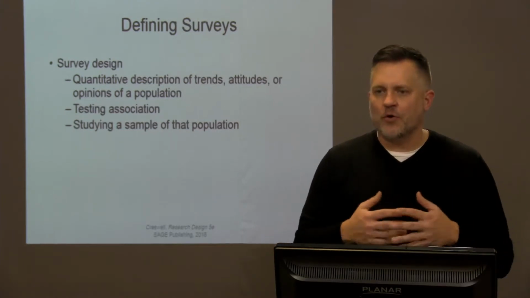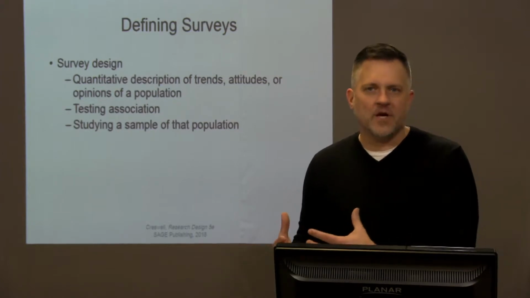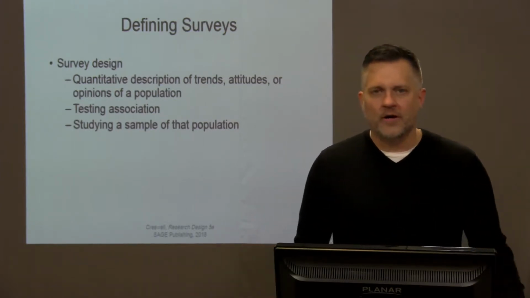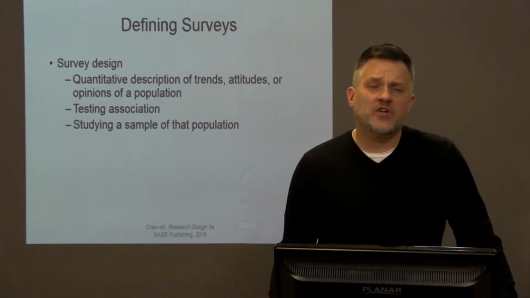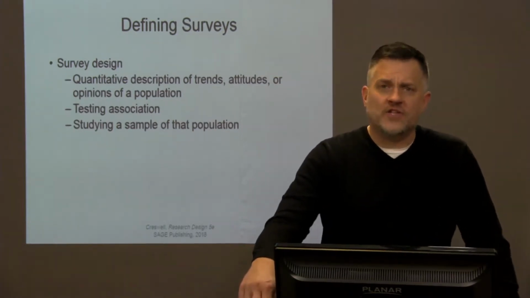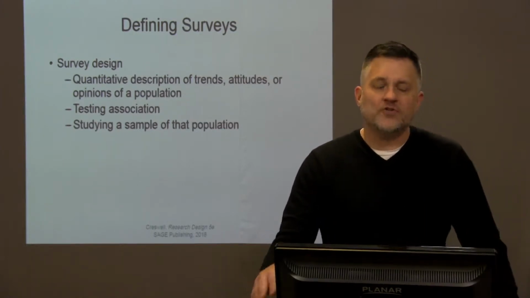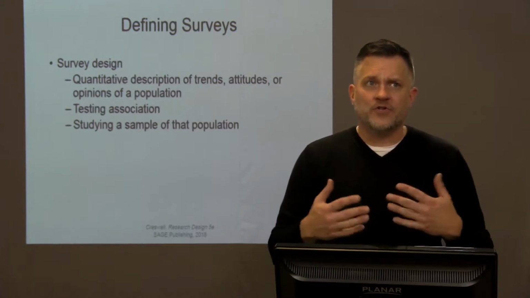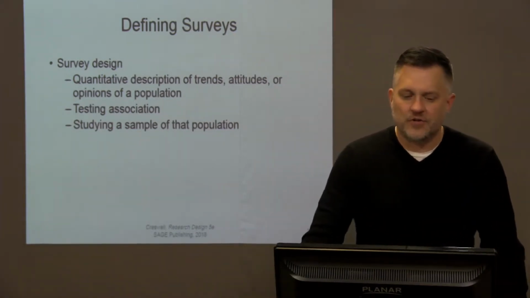So example, if we're looking at a specific drug that we're testing and its impact on high blood pressure, hopefully it's lowering high blood pressure, is there an association there? Is there an association between the hours that someone is working and the stress level that they're experiencing, right? So those are the types of quantitative studies we'd be looking at if we're doing survey research.